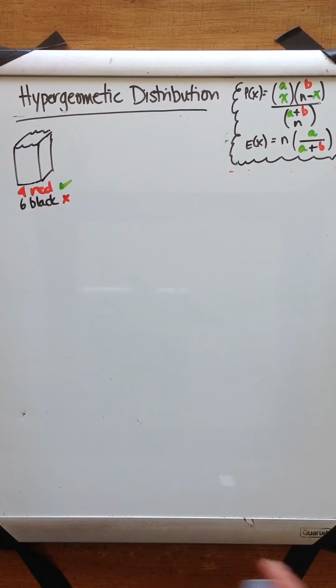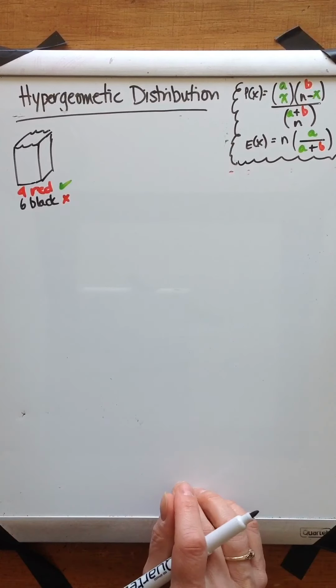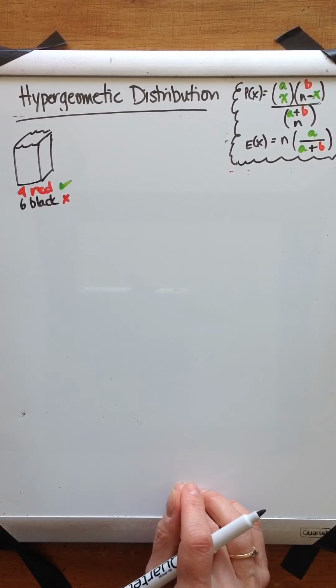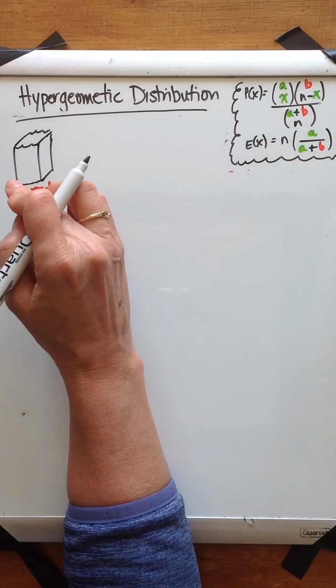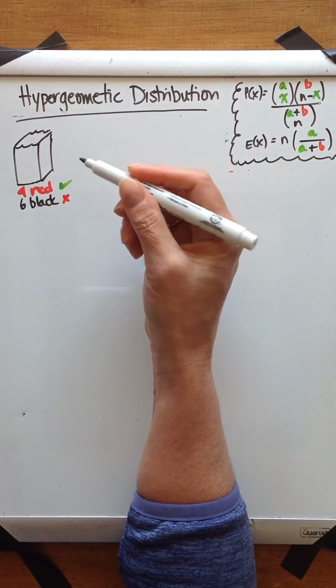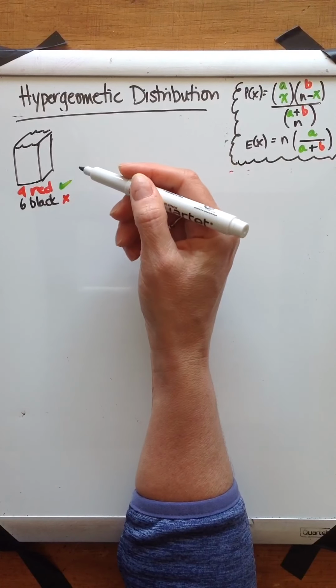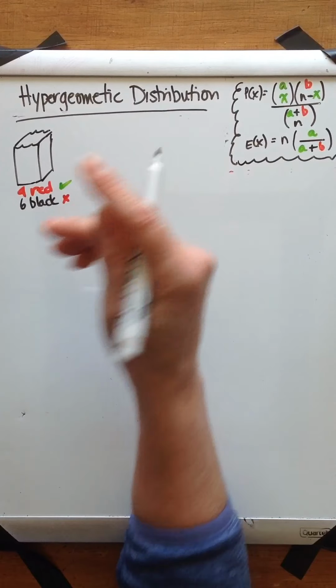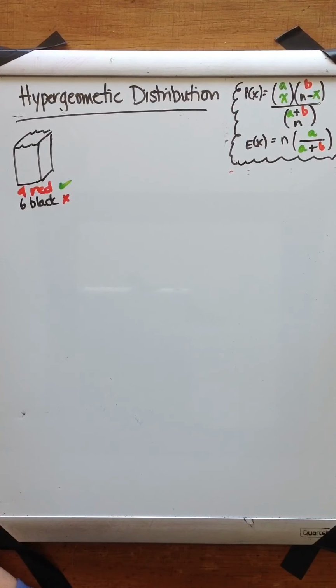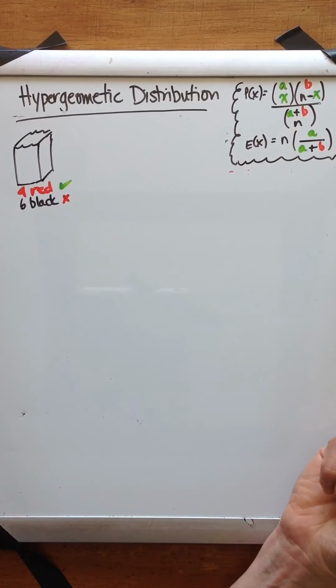There are 4 red altogether, so we have 4 possible outcomes. We can either get none, 1, 2, or we could get 3 if we're only doing 3 reaches into the bag.